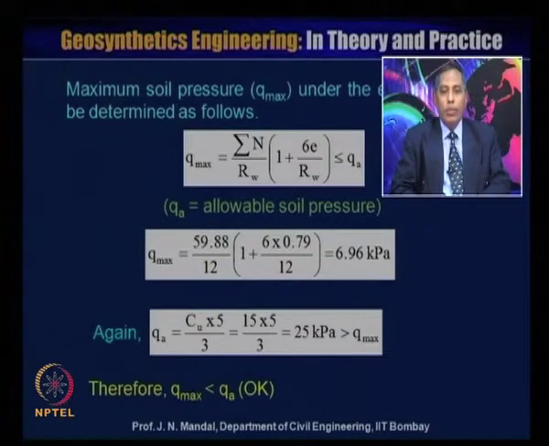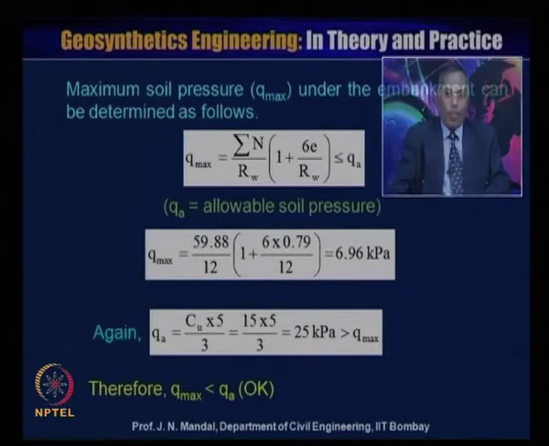So, the Cu value, which is given as 15, into 5 divided by 3, equals 25 kilopascal, which is greater than Q maximum. Therefore, Q maximum is less than Q of A, the allowable soil pressure, that means it is okay.